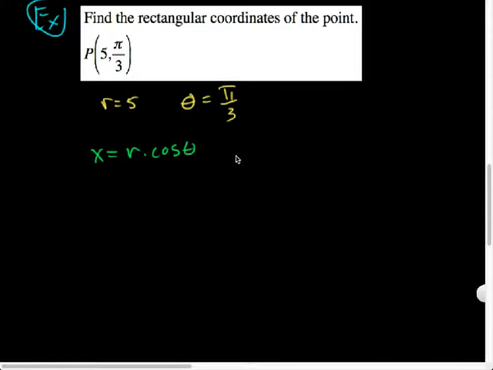Also, these formulas really are super similar to some of the ones we dealt with for vectors back in the day when we were converting to horizontal and vertical components. It's pretty much identical stuff, but we're just viewing the world differently now. So x is going to equal 5 times cos of pi over 3. What is cos of pi over 3?